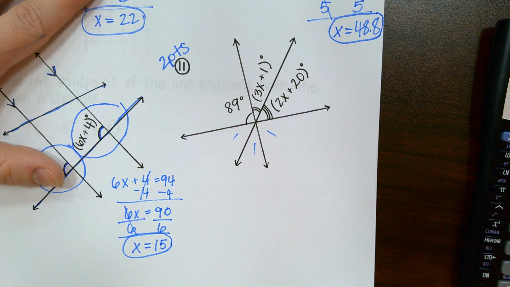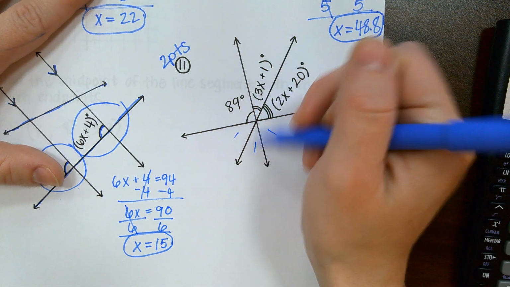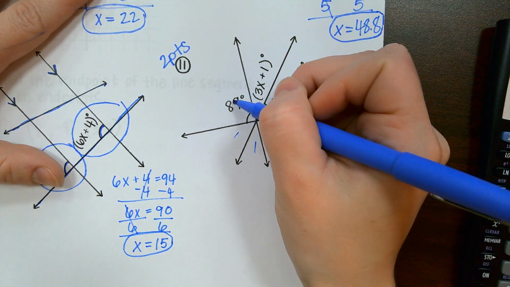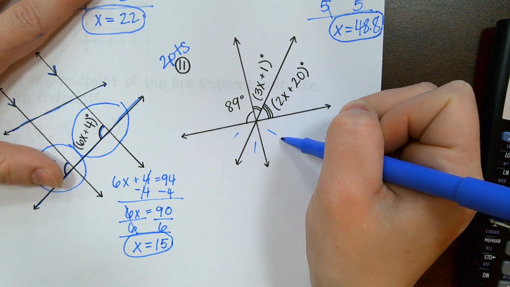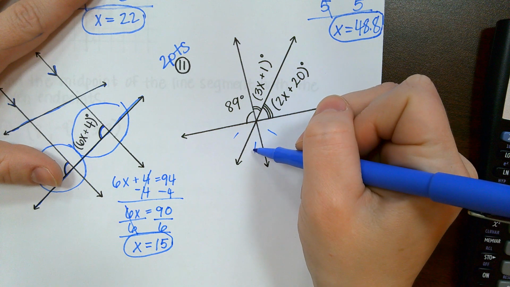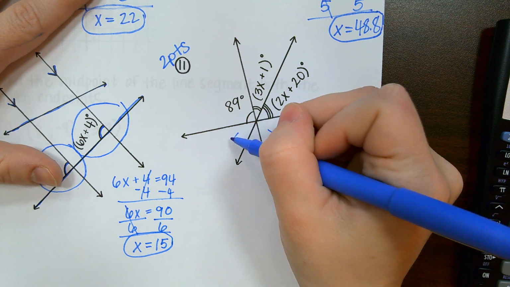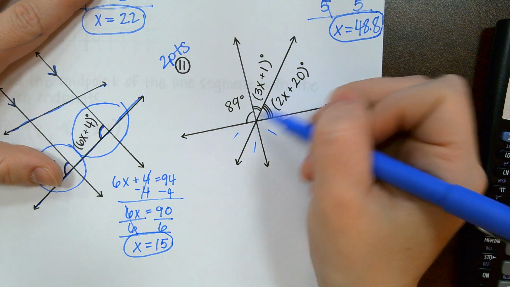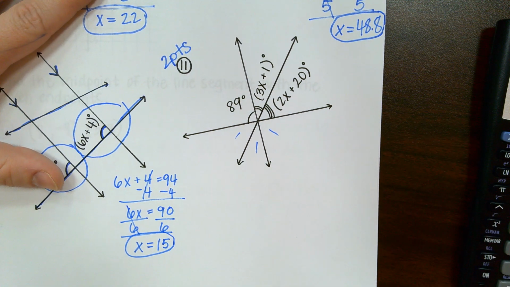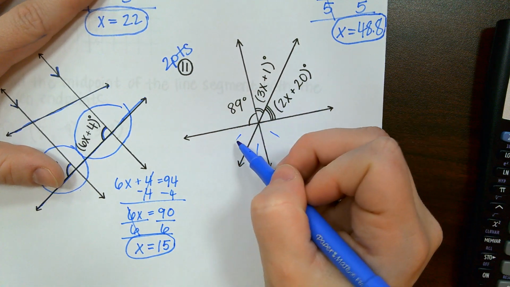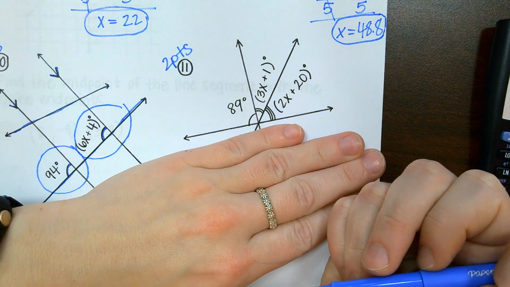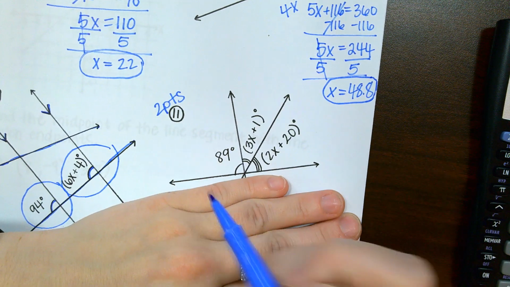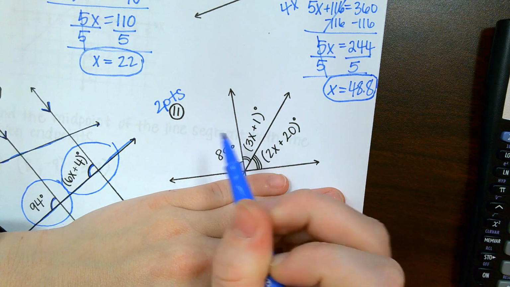Well, I guess I do actually. Let's think about this. These are vertical angles, so technically this one would also be 89. This one would also be 3x plus 1. This one would also be 2x plus 20. But that's going to really complicate our answer. So this is extra information. We don't need it. Let's just look at the angles up here.